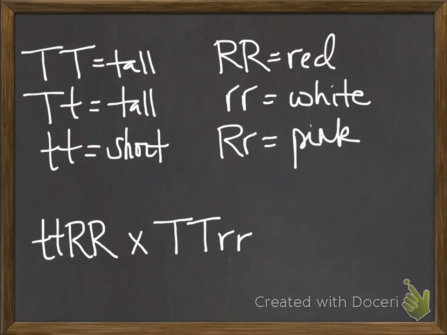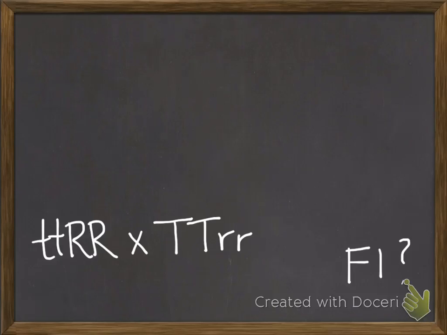So the question then asks, what are the genotype and phenotype of the F1 individuals? There are 2 ways to figure out the answer for this question, and I'll go through both ways. So one way that you can try to figure out the answer is to consider each gene separately. So first let's look at the gene for height.